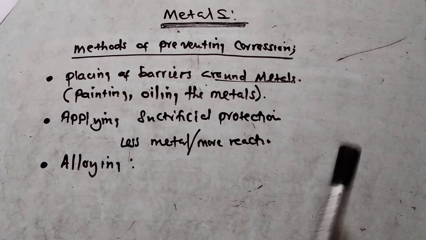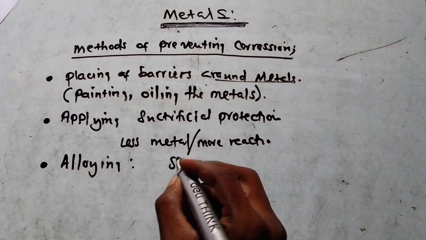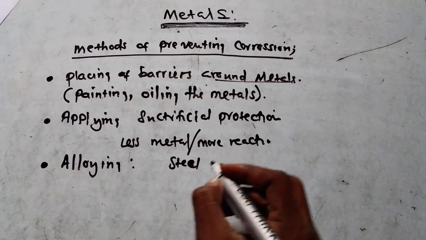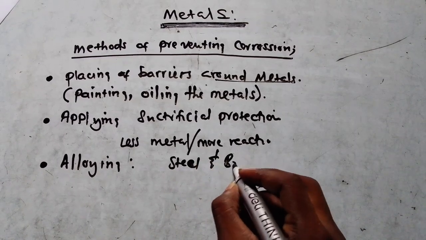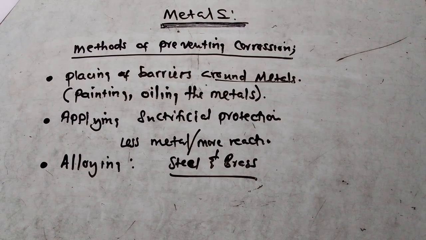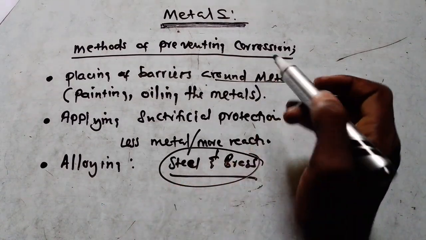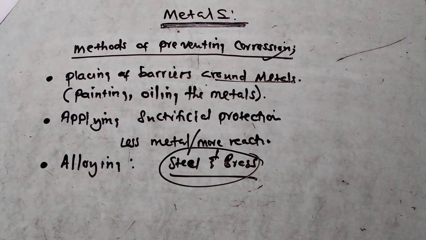By so doing, you can prevent your metals from corrosion. Let's say, for example, steel and brass. If these two are non-rusting alloys, then we can combine them. Once we combine these two, then we can prevent our metals from corrosion.